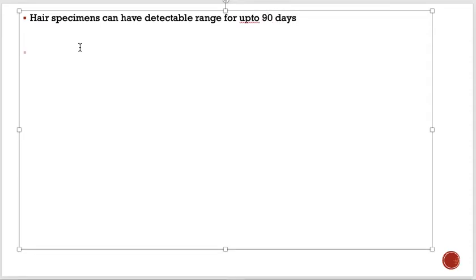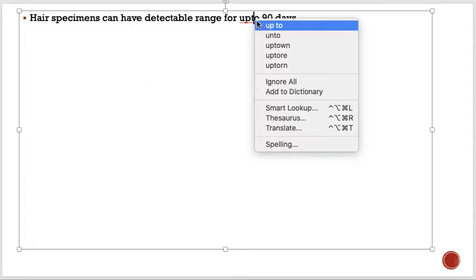That's very important. What it means, simply, no matter what kind of thing it is, for example, it's alcohol, it's cannabis, it's cocaine, it's heroin, or it's any other XYZ. By the way, even nicotine, or any drug, can be detected in your hairs for up to 90 days. So this is a very, very, very important thing.